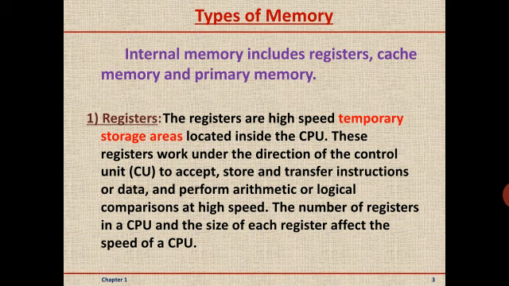After the CPU gets the data from the cache memory, the data is moved to register for the processing. These registers work under the direction of CPU. The number of registers in the CPU and the size of each register affect the power and speed of the CPU.